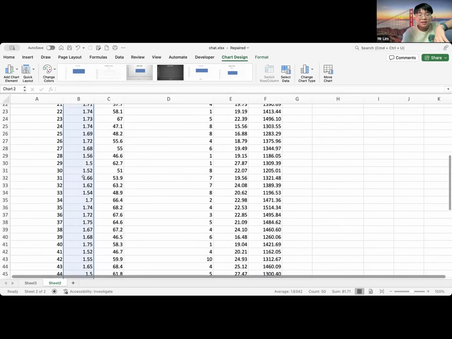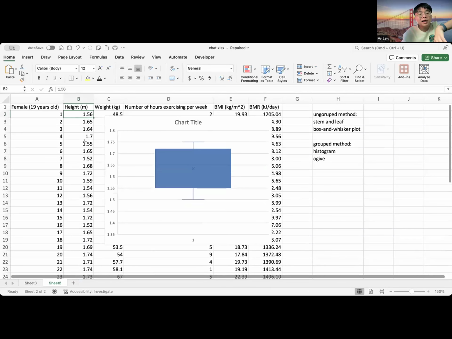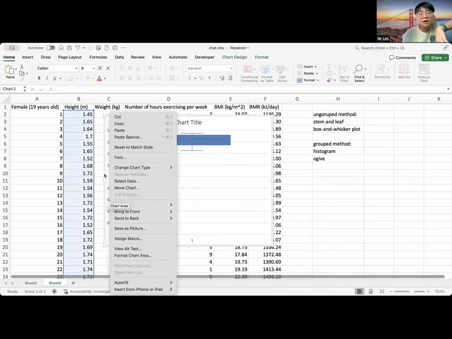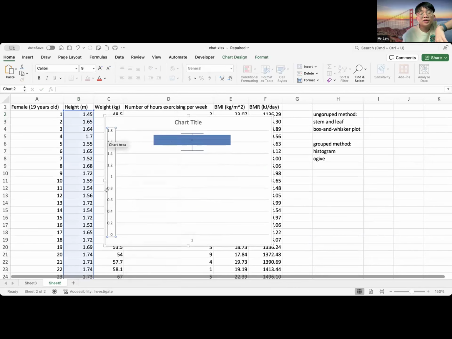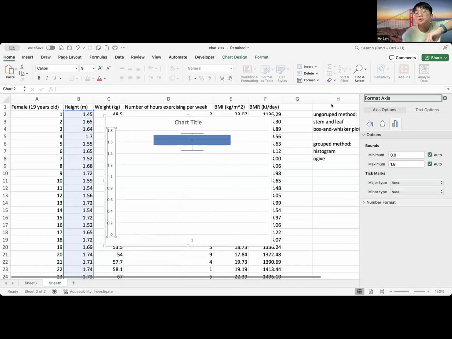For example, let's say I can edit a data. Let's say I change the first data to 1.45. Somehow my vertical axis here, which normally is your x-axis, is already starting from 0, and I do not like that scale because you can't see much.